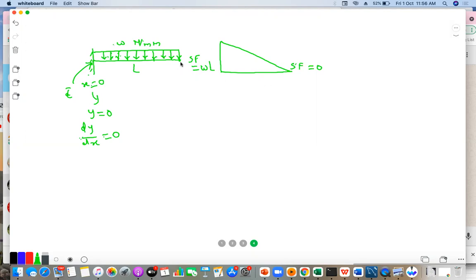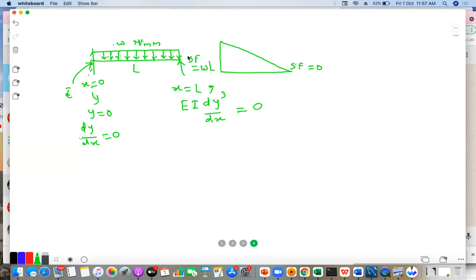So at this x equal to L, I know that shear force, given as EI d cube y upon dx cube, is equal to 0 from this condition.